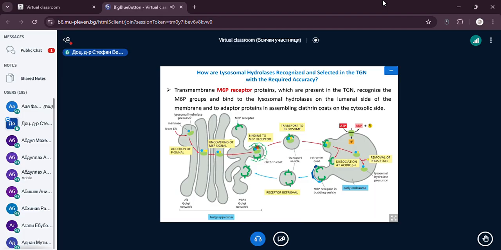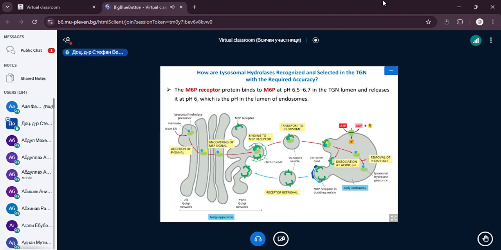They recognize the mannose 6-phosphate residue on the surface of the lysosomal enzymes. Such receptors are located in regions of the trans-Golgi network membrane, and these acid hydrolases marked with mannose 6-phosphate become specifically attached to these receptors and concentrated in specific regions of the trans-Golgi network.